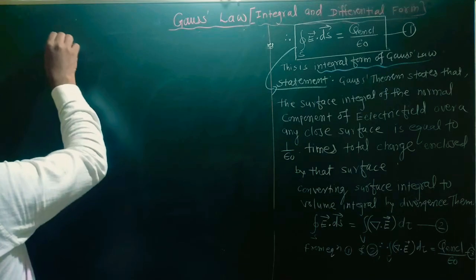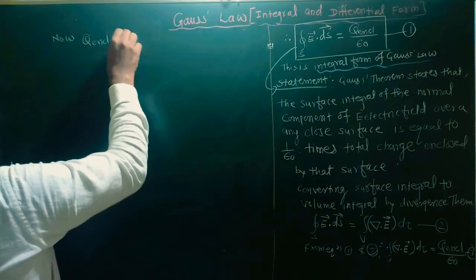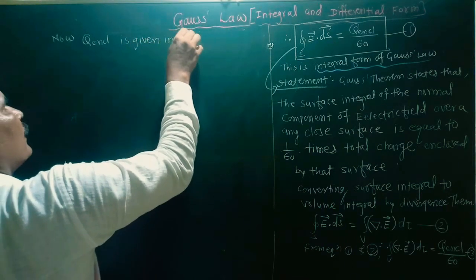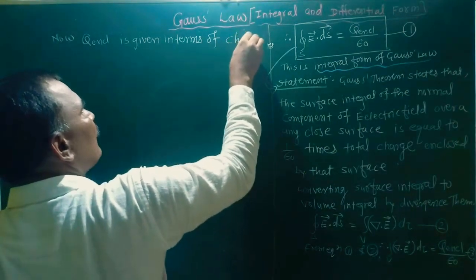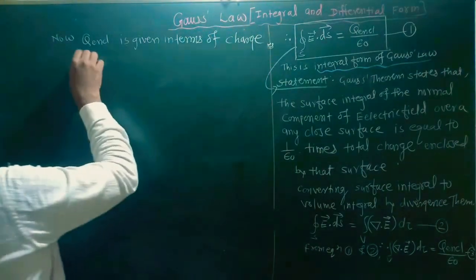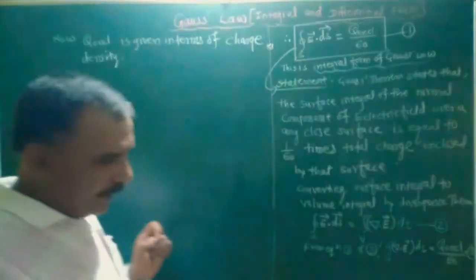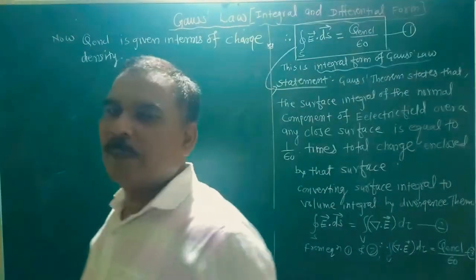Q enclosed is given in terms of charge density. We know the surface charge density, volume charge density and linear charge density. Linear charge density means charge per unit length.